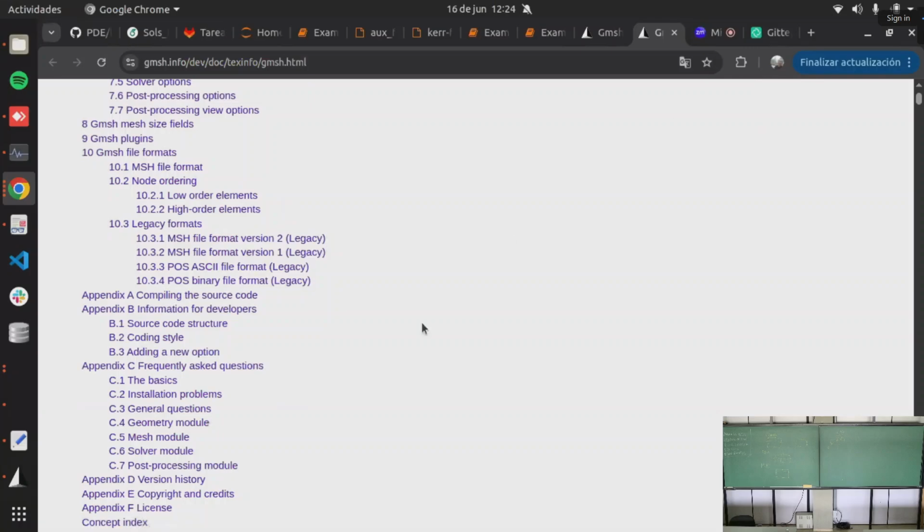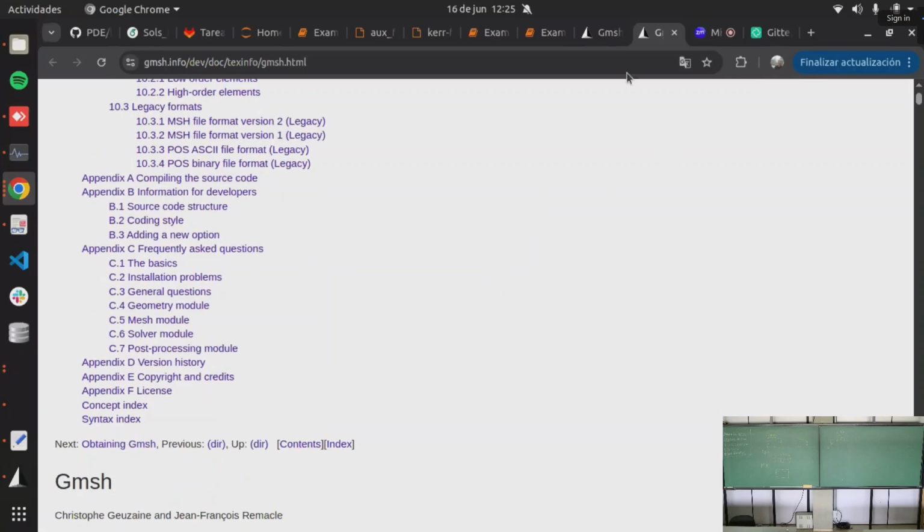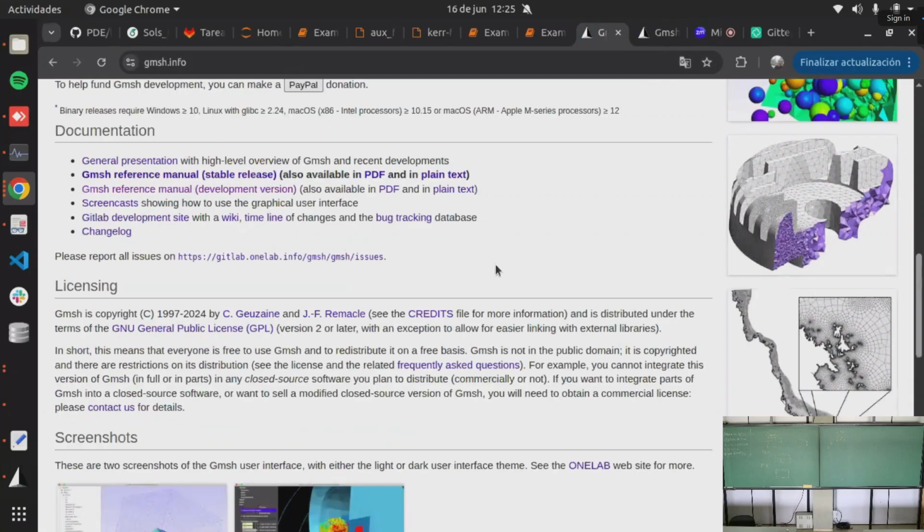And if you want to create a sphere with this or that, there are a lot of tutorials on YouTube. So it's a powerful tool.